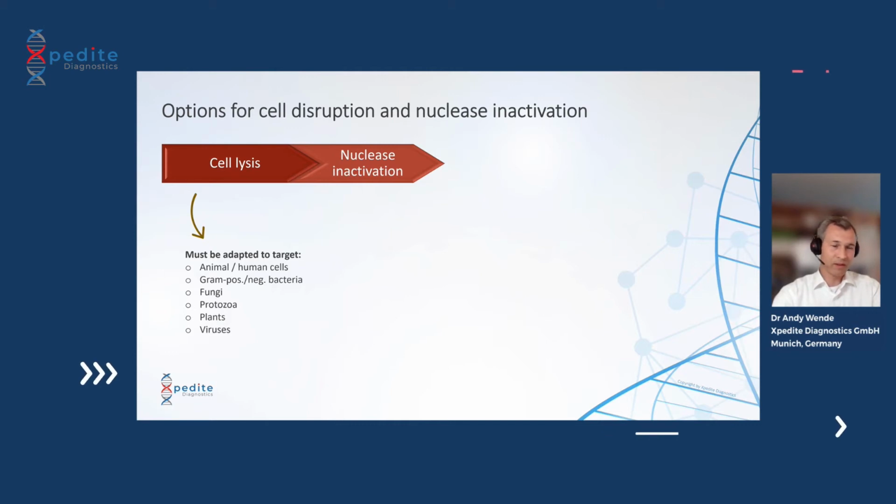For example, viruses are very easy to extract. Similarly, animal and human cells are not such a big deal because the cells disintegrate very easily. But if you want to extract DNA from fungi or gram-positive bacteria, you have to make more effort, because those cells are very hard and it takes some effort to break the cell walls.